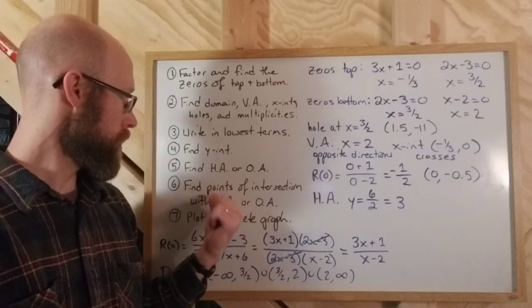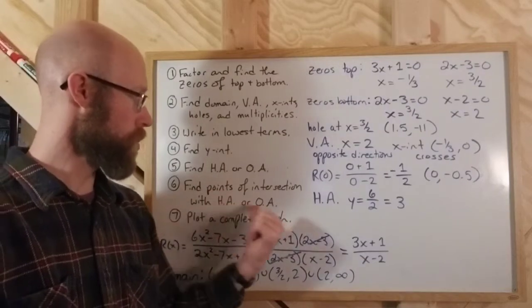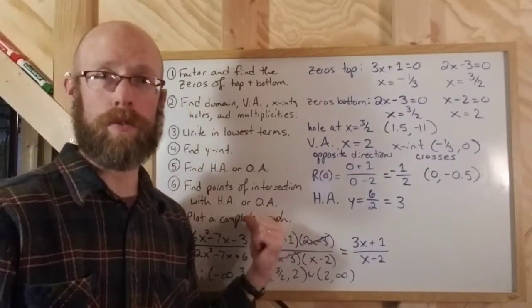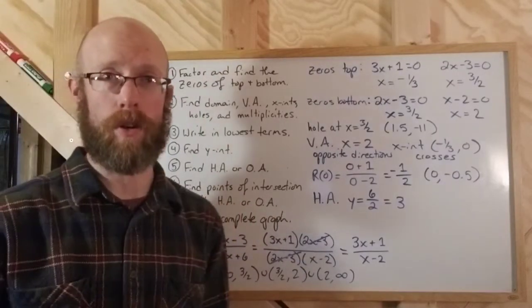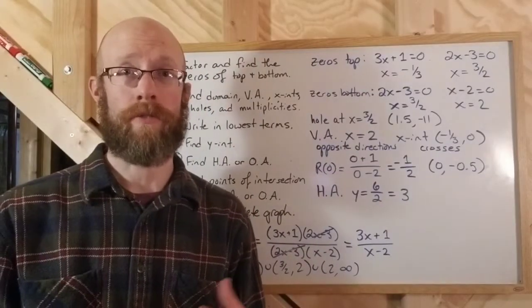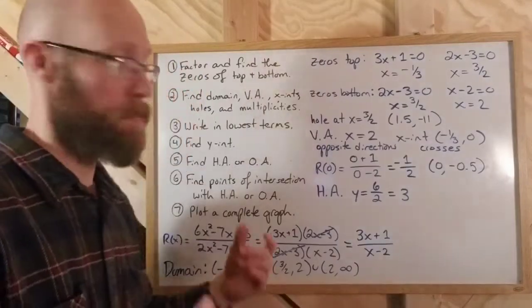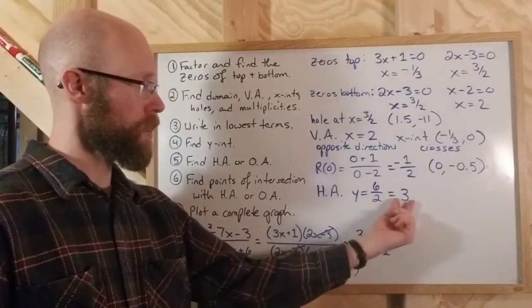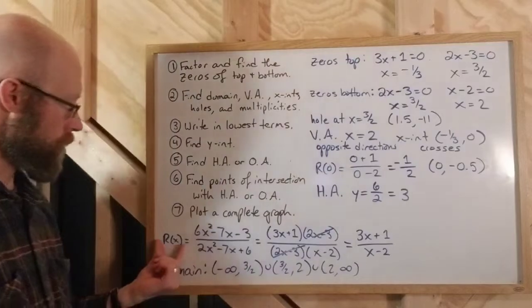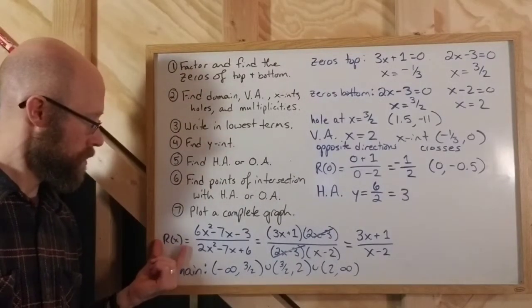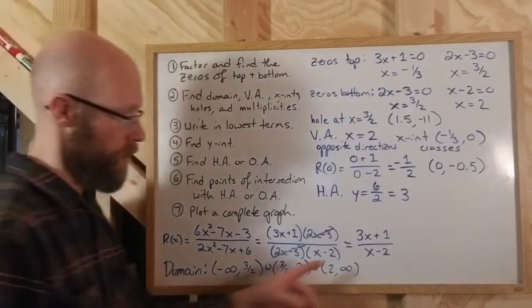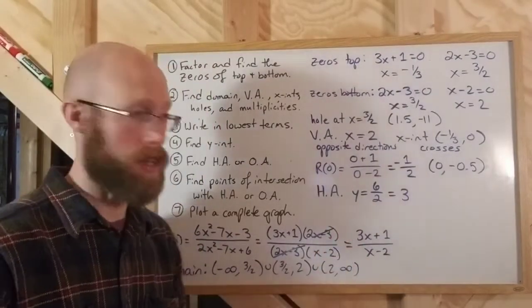Now we're going to look at the points of intersection with the horizontal asymptote, because we don't have an oblique. So we find that point by plugging the 3 in for the y value in the function, and of course we'll go to the simplified form for this.